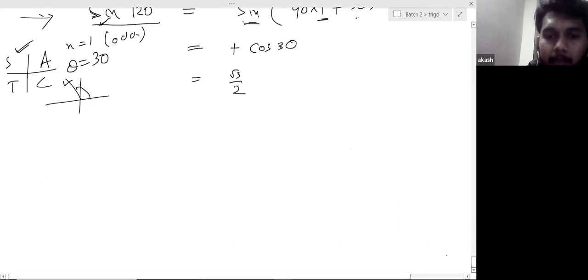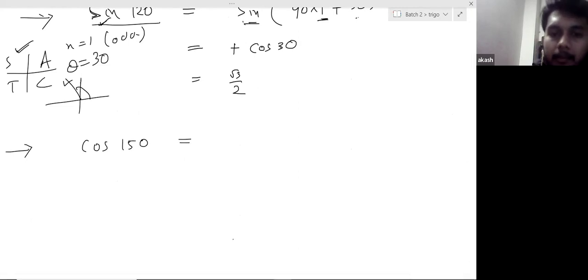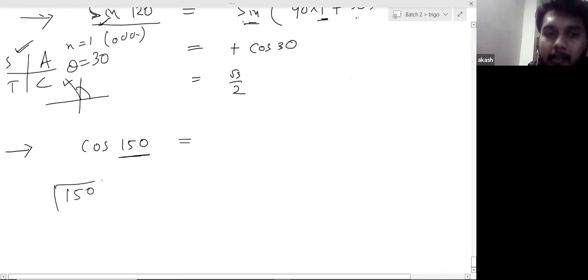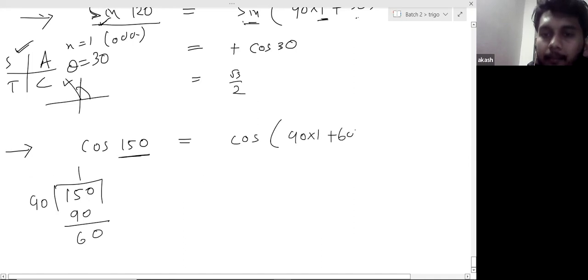Let me give you another question. Suppose we have cos 150 degrees. The first step is to break this. How to break? Divide this by 90. No matter what the angle, divide by 90. So 150 is 90 plus 60. So this is cos of 90 into 1 plus 60.